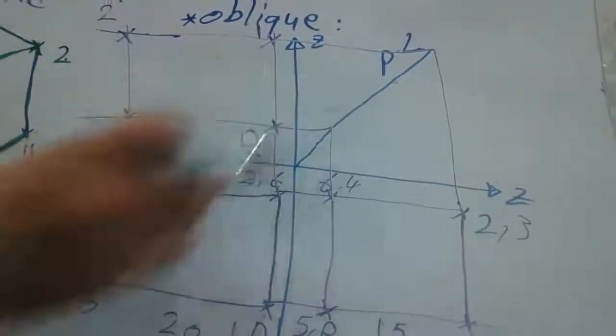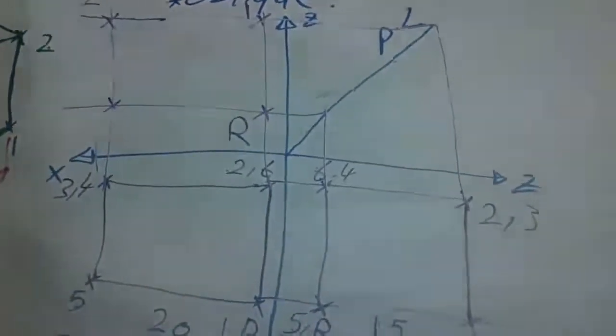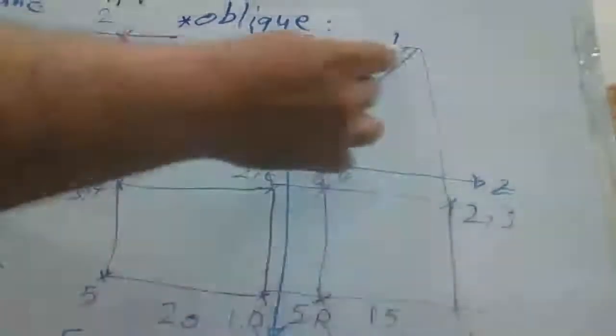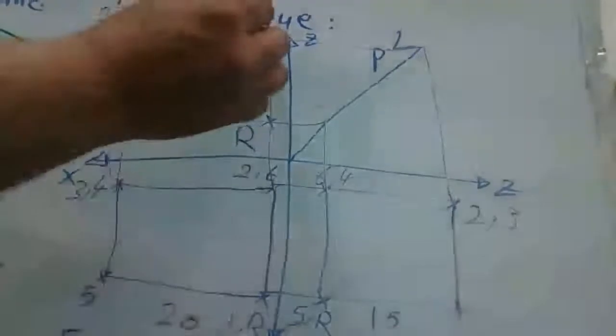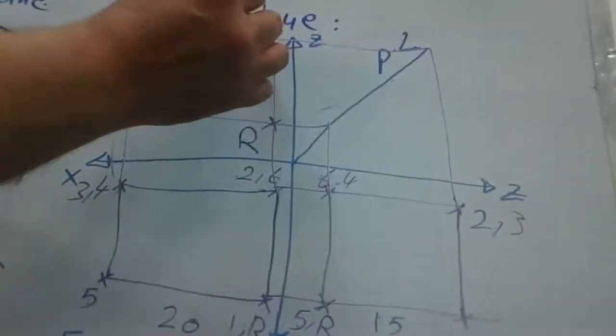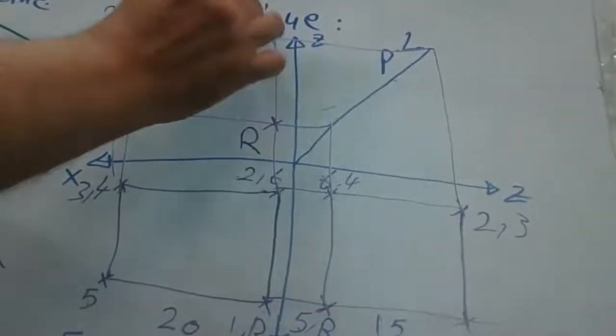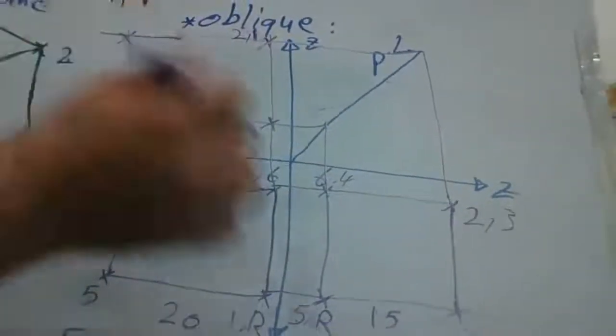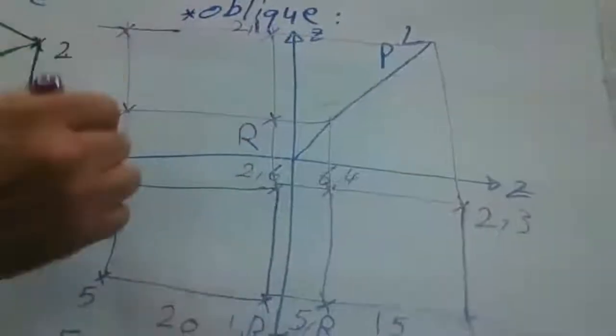R, 1 with 1, 2 and 2. Here 2. 1 and 2 are at the same point. 3 from here and 3 from here.